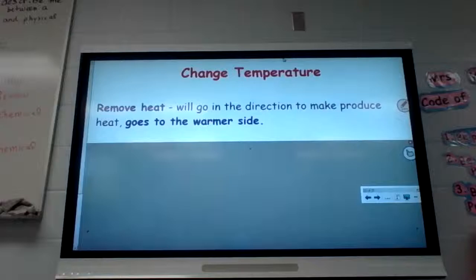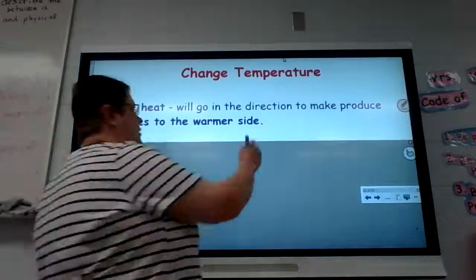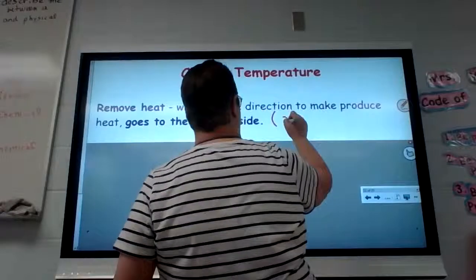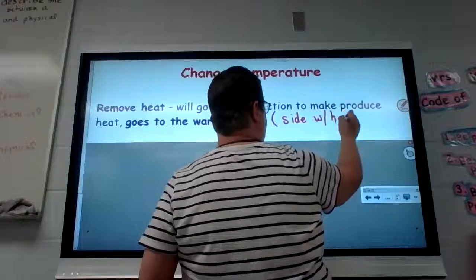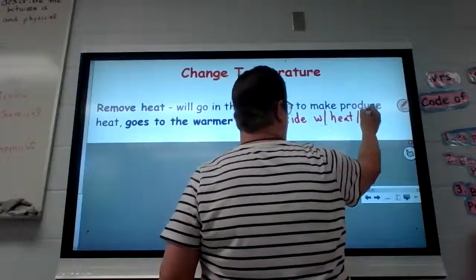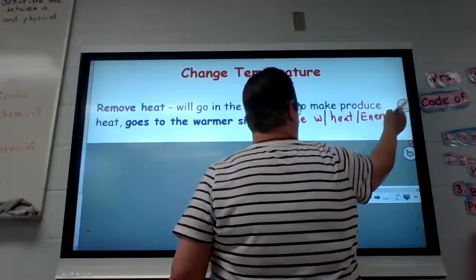All right, so if we remove heat, the reaction at equilibrium will go in the direction to produce or make more heat. Essentially, it goes to the warmer side. Now, here's a cheat for you. It goes to the side with the heat or the energy on it.